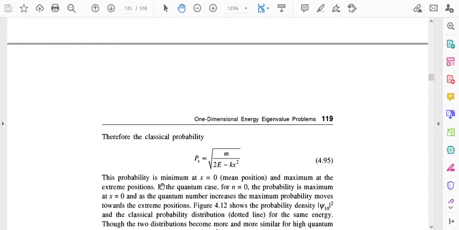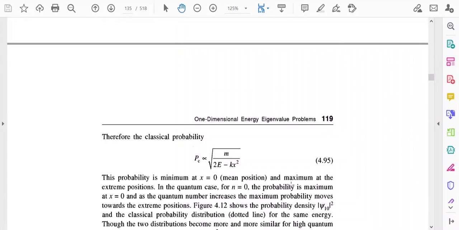Now this probability is minimum at x equal to 0, the mean position, that is the position of equilibrium, and maximum at the extreme positions, that is, the probability of finding the oscillator at the turning points is maximum.